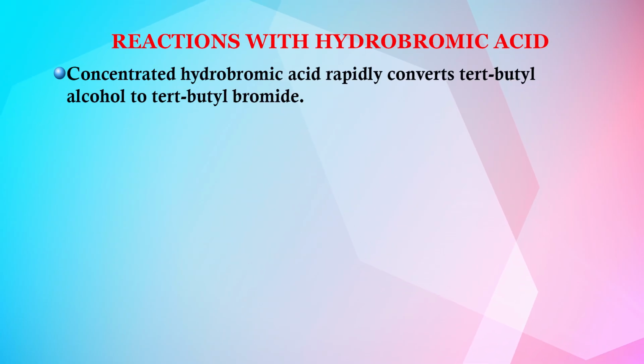Now we've started discussing how we are going to convert alcohols to alkyl halides. If we carry out the reaction of tertiary butyl alcohol to tertiary butyl bromide, this reaction will be carried out easily since we are getting a tertiary carbocation.